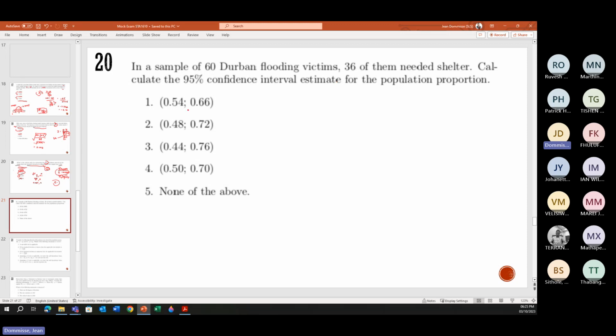Let's see what they ask. Now suddenly it's a 95% confidence interval, population proportion. Okay, so now we know that's going to be 1.96.